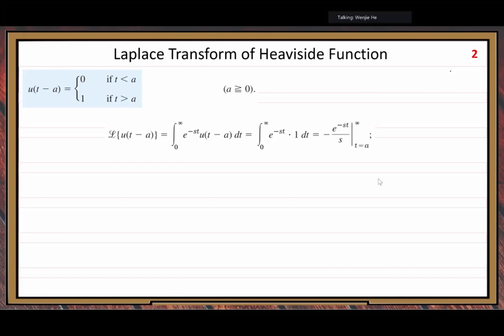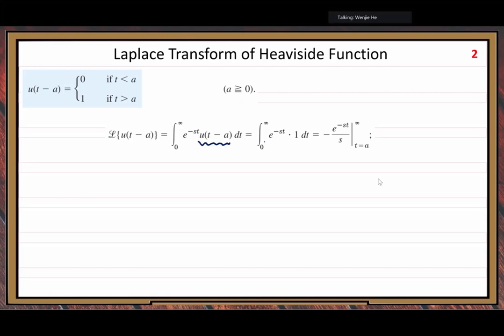Because when you look at this part, u of t minus a, when t is less than a, it is all zero, so you can throw away. The starting point is at a, okay?